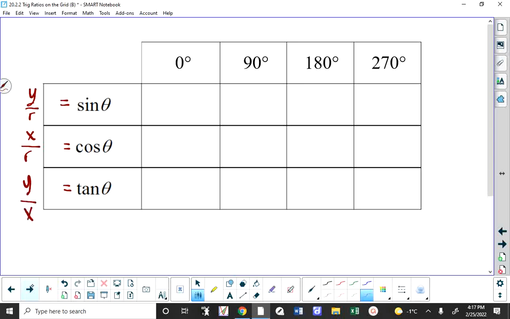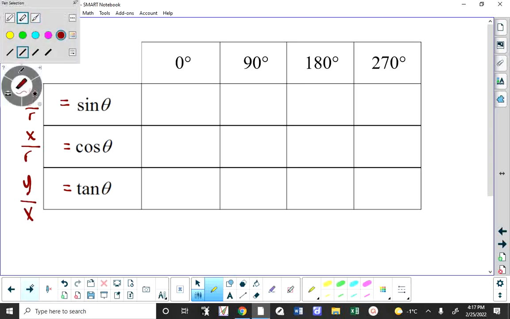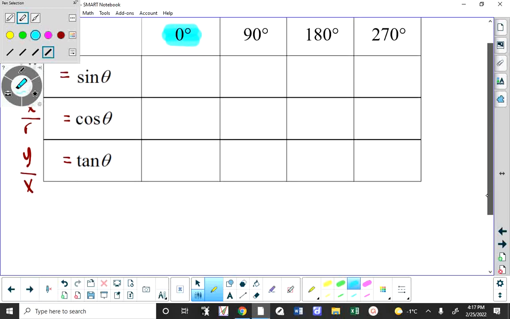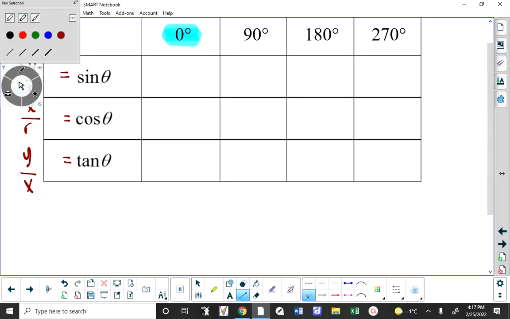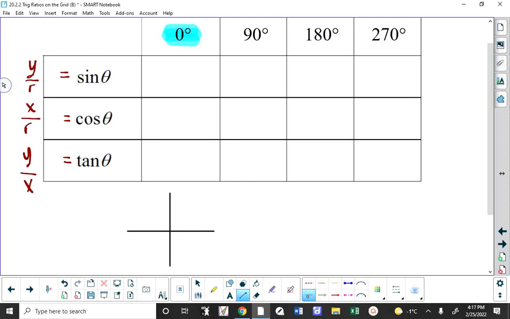Let's focus to begin with on 0 degrees. 0 degrees is a very uninteresting angle, but in terms of coordinate trigonometry, what it looks like is that we have a terminal arm on the positive x-axis. So that's 0 degrees. And we need to pick a point on this terminal arm to talk about x and y. So I'm just going to label that point x comma y.